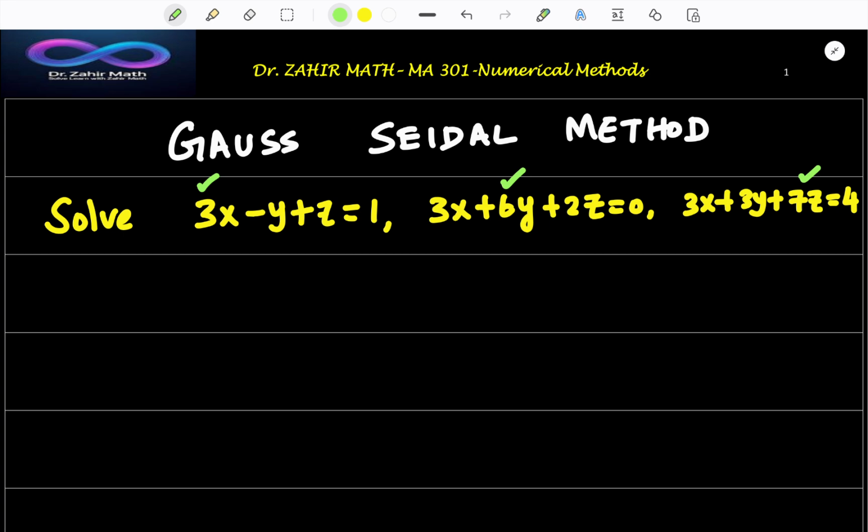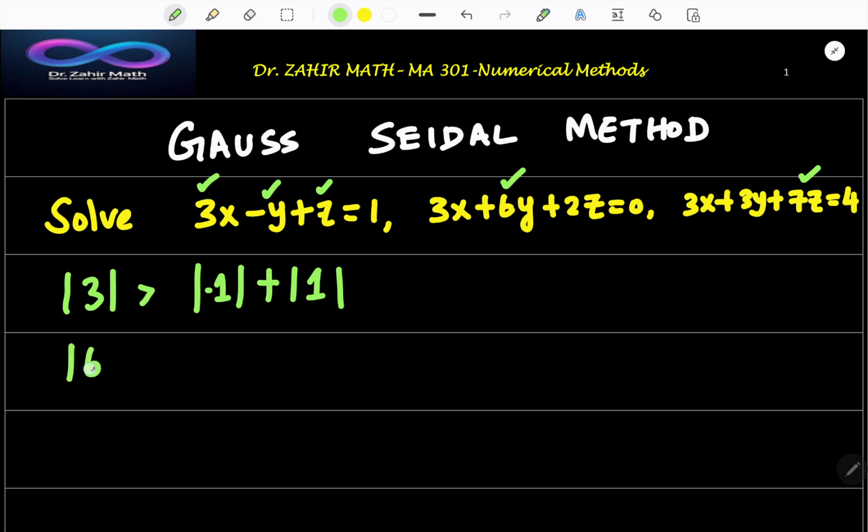Make sure this is okay or not. Let me take this one. The absolute value of 3 is compared with the absolute value of 1 and the absolute value of 1. This coefficient is 1, this coefficient is actually minus 1, but its absolute value is plus 1. So definitely it is greater than, so this condition is satisfied, the first one.